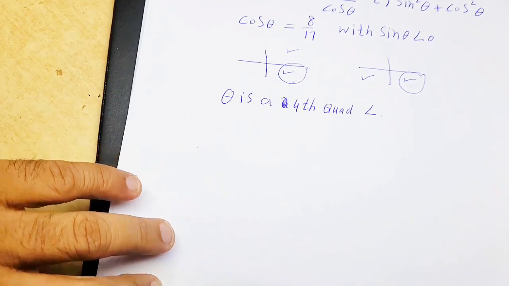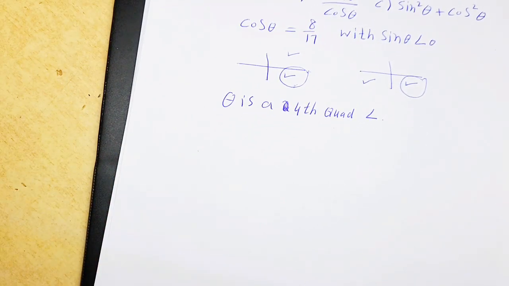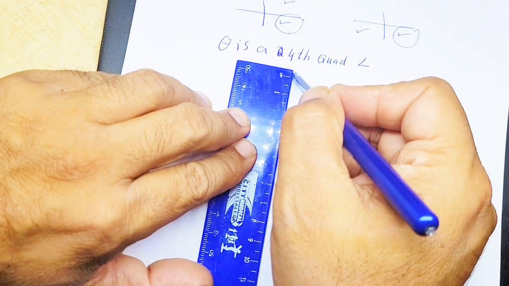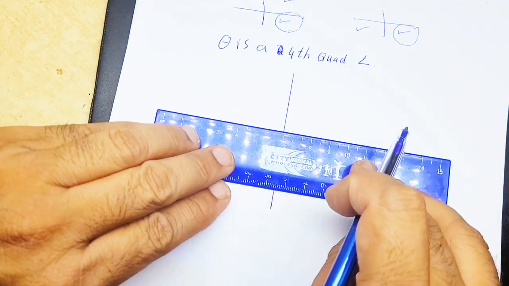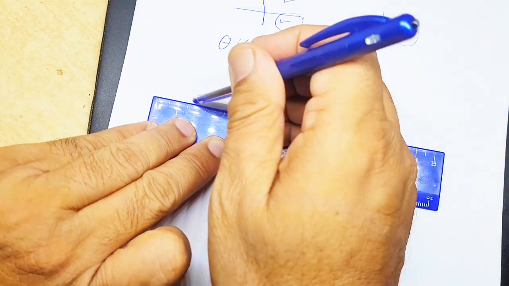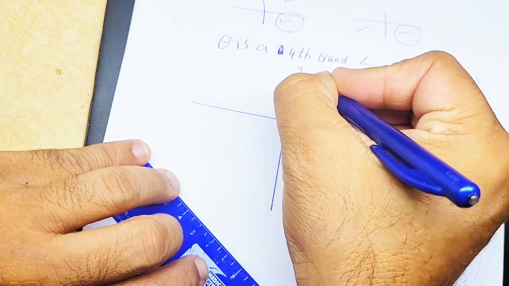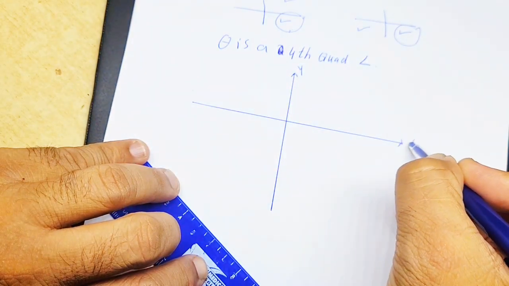So I'm going to draw a Cartesian plane with the fourth quad. This is my Cartesian plane, and this is the y-axis. This is my x-axis.